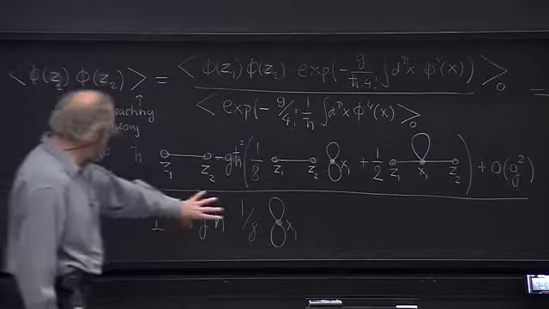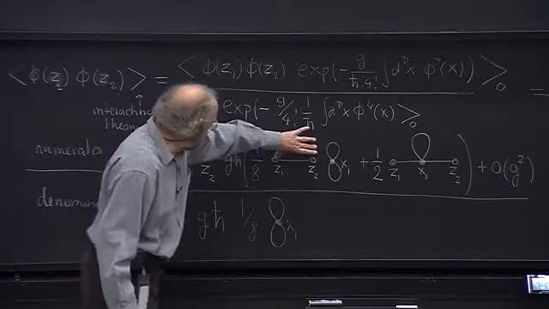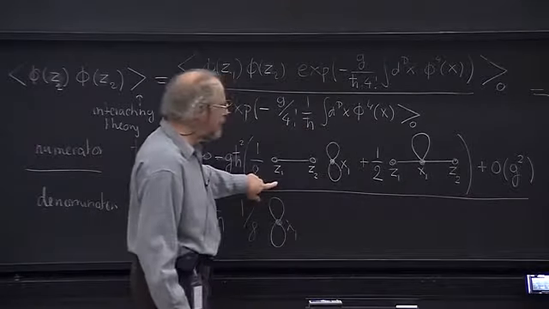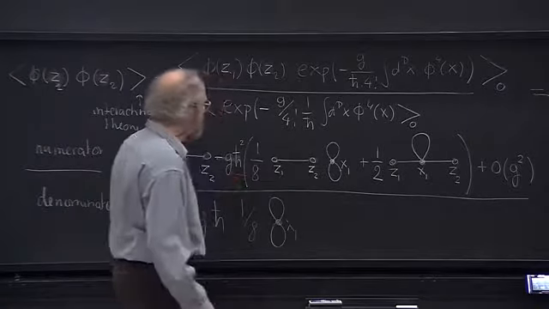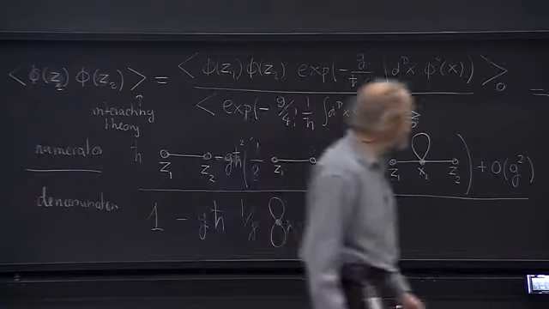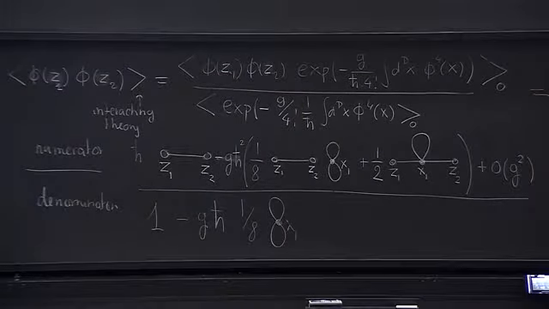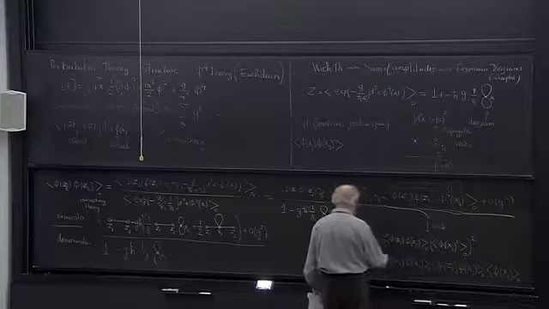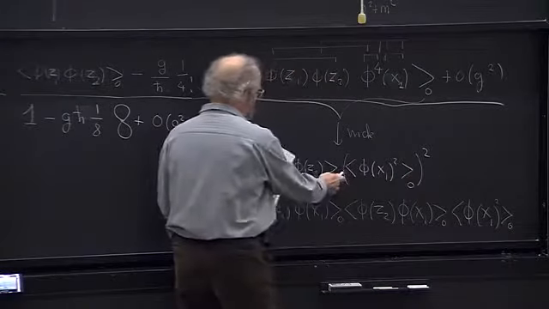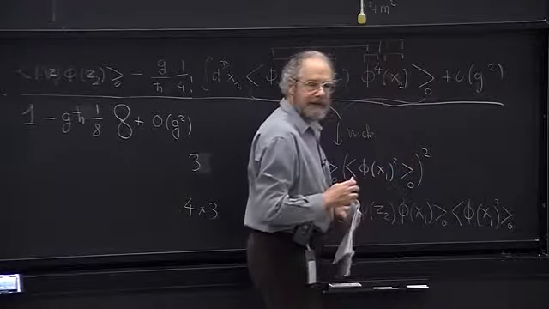And remember, this is a number, this is a number, this is a number, but this number is a product of the propagator times this integral, because the integral factorizes. The integral over x1 of this is this times the integral over x1 of this.